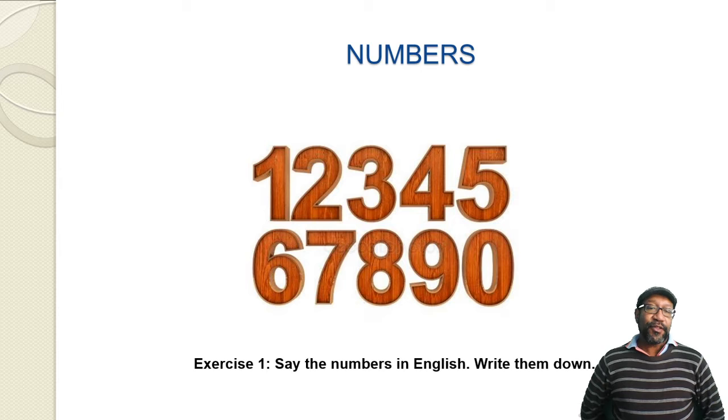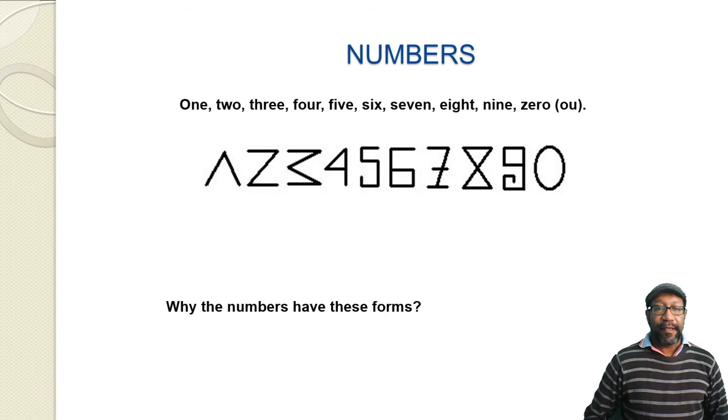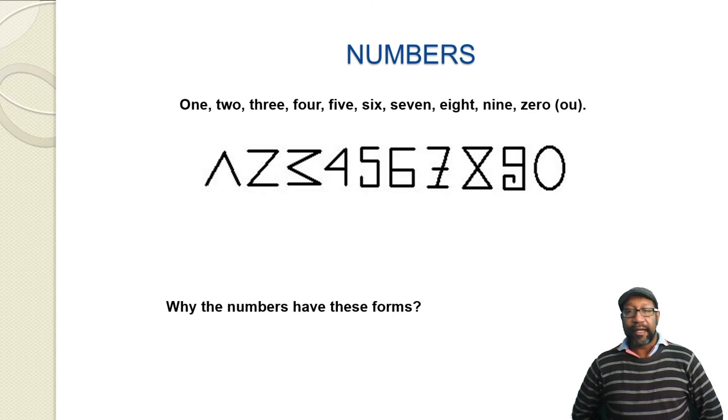So, exercise one: say the numbers in English, write them down. So you have here 1, 2, 3, 4, 5, 6, 7, 8, 9, and 0. Here they are, the way they are written.